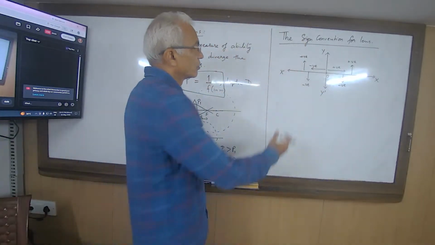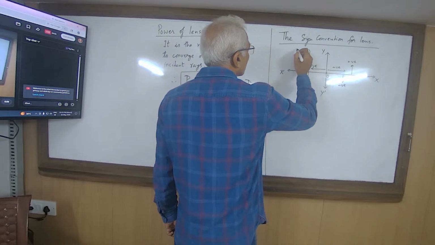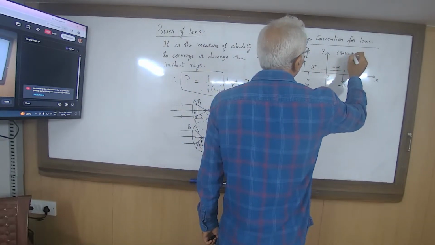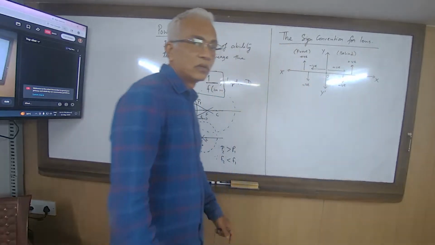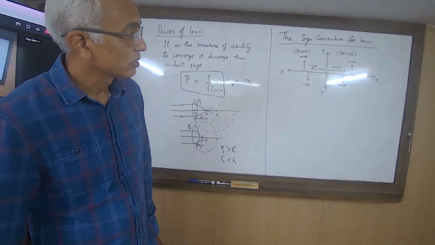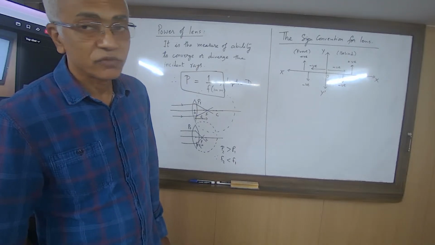Left side is front, this is behind. It's absolutely the same as in the case of mirror, with the exception of the sign of image formation.